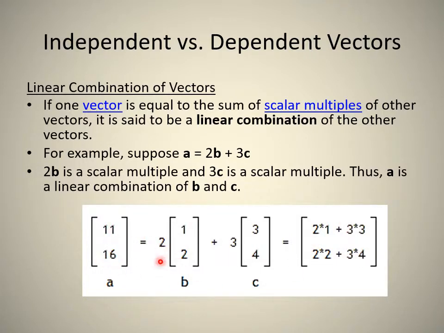So basically, A is dependent on B and C. So this is a linear dependency of A with B and C, and also with the multiplication of scalars in this case.